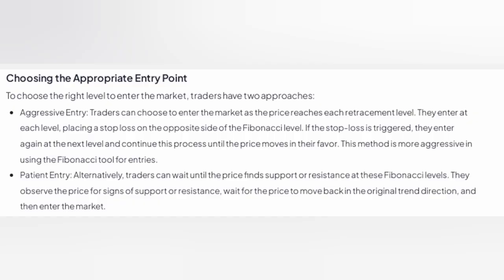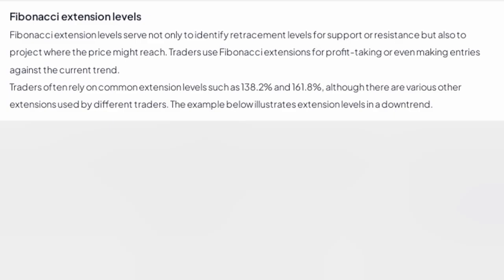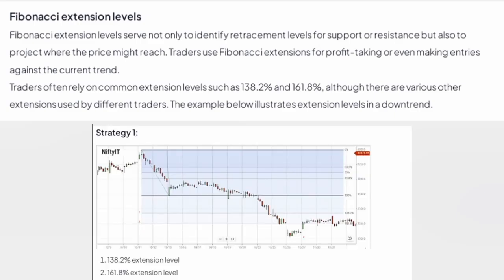Patient entry: alternatively, traders can wait until the price finds support or resistance at these Fibonacci levels. They observe the price for signs of support or resistance, wait for the price to move back in the original trend direction, and then enter the market. Fibonacci extension levels. Fibonacci extension levels serve not only to identify retracement levels for support or resistance but also to project where the price might reach.